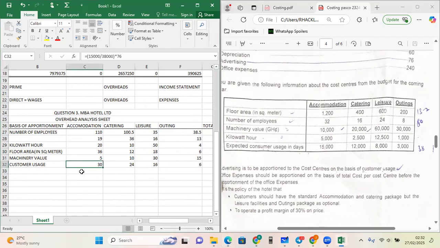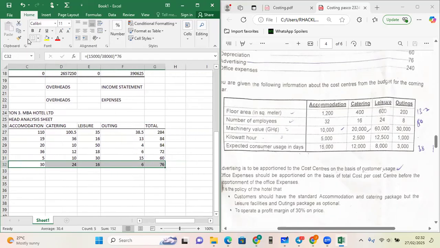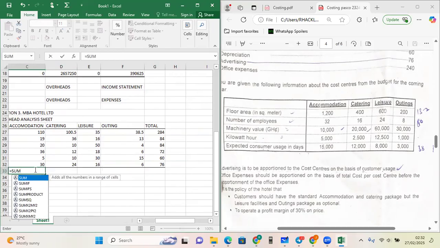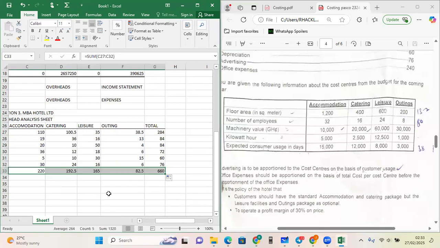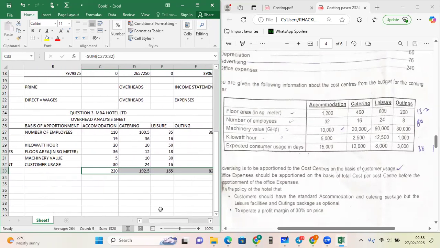So when we total them, summing them. So the sums are here.